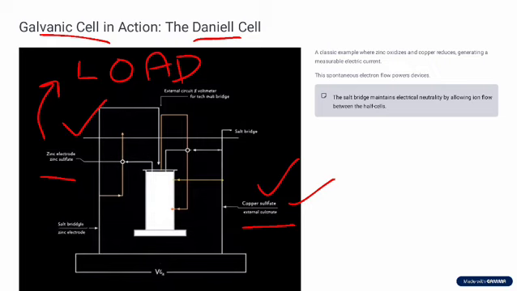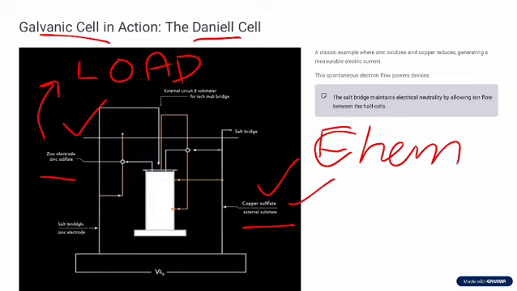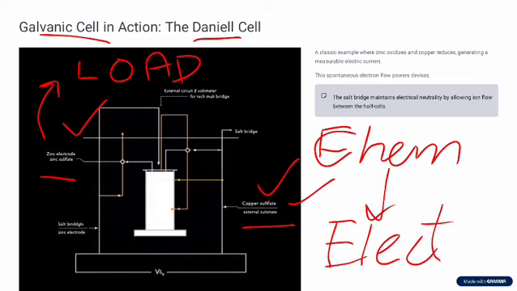In this way, chemical energy is used to produce electricity. Here the zinc electrode acts as the anode and the copper electrode acts as the cathode.